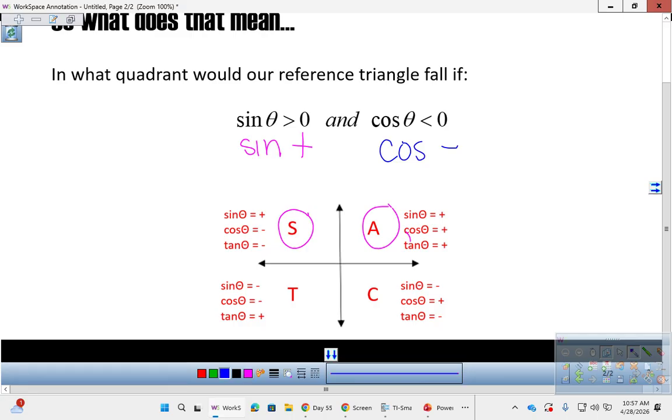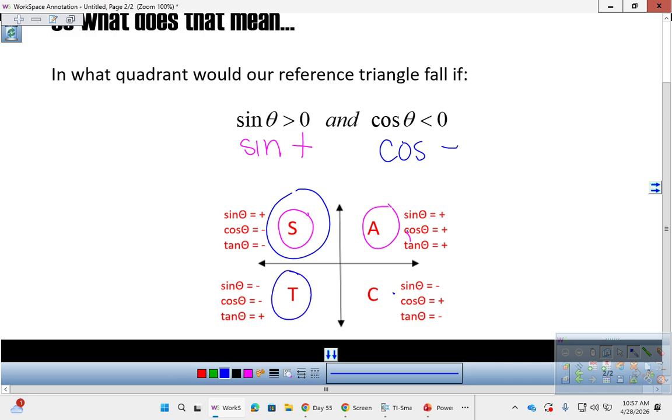This one you have to do a little bit of thinking, because All Students Take Calc tells you where things are positive. So cosine is positive in 1 and 4. In turn, that would mean it's negative in 2 and 3.